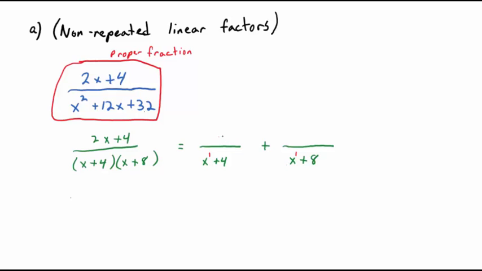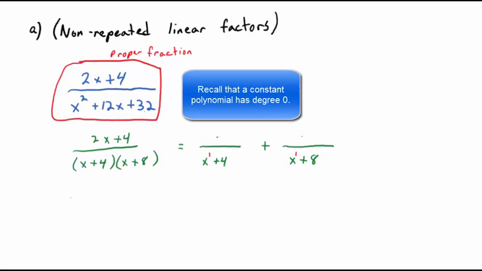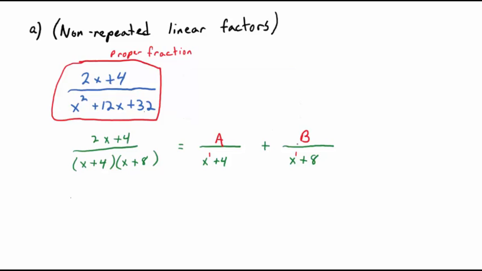So we must have constants here and here. Let's give them a name, A and B. So the degree of the numerator will be 1 less than the degree of the denominator when the denominators are non-repeated linear factors. Then the next step is going to be to clear the fractions.